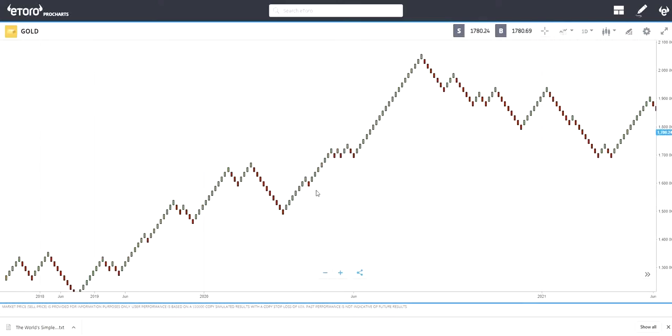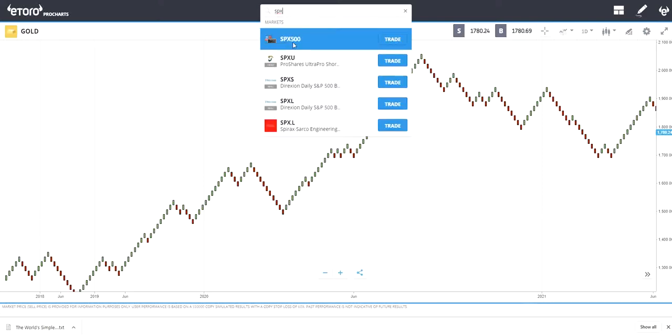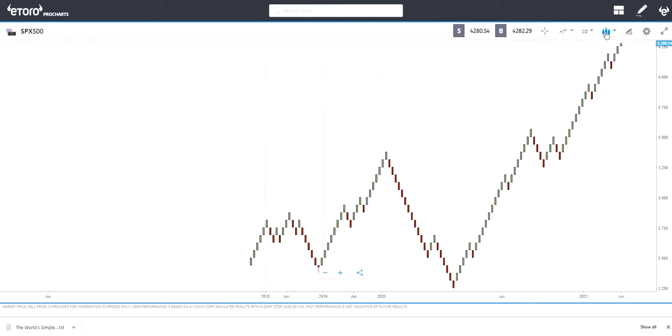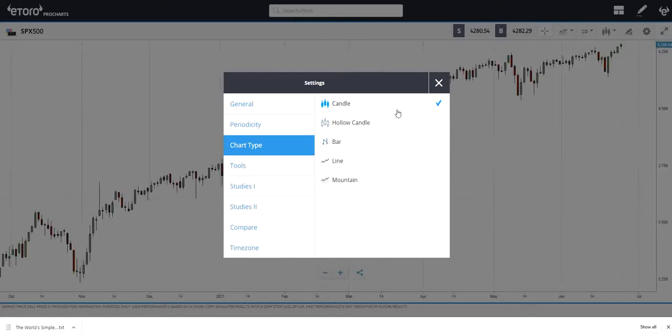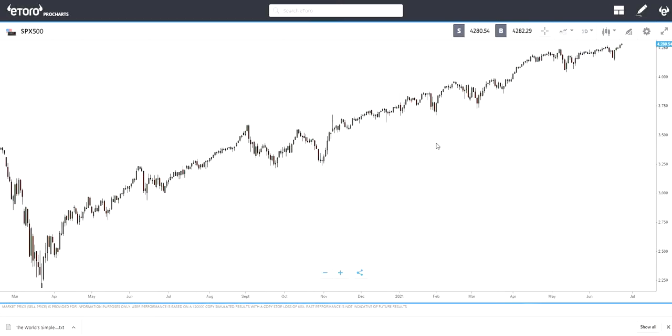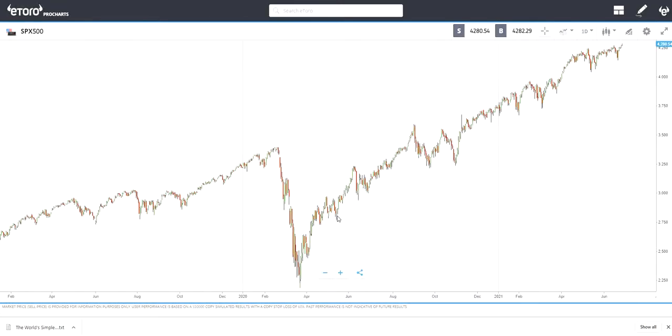Sorry, go back to S&P 500 again, and I want to change the type of the chart to candle. Then you can see wave 1, then we go sideways, and wave 3, then we go sideways, and 5.